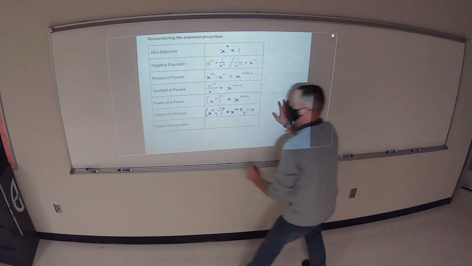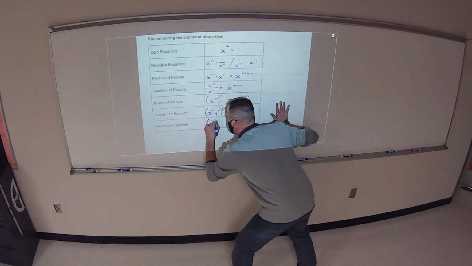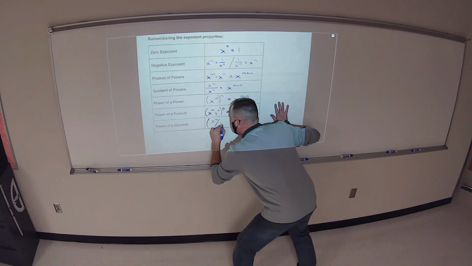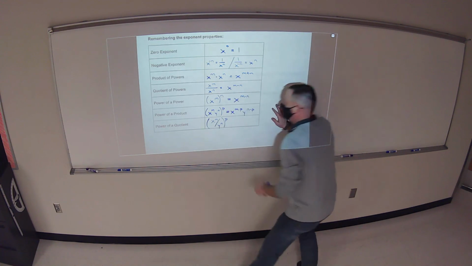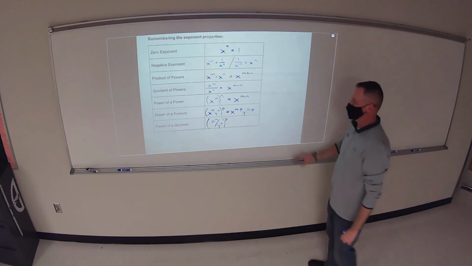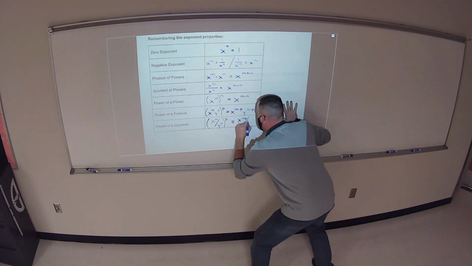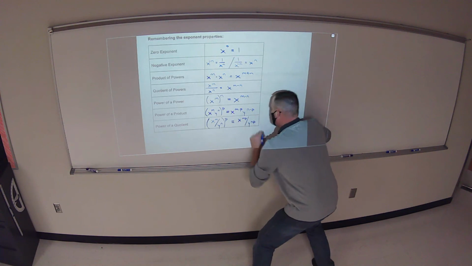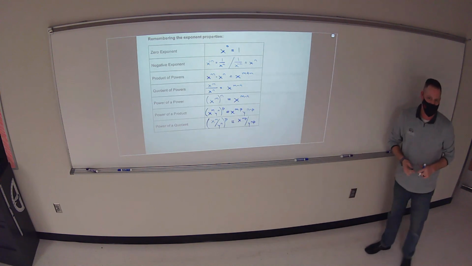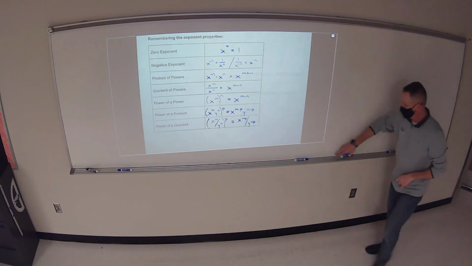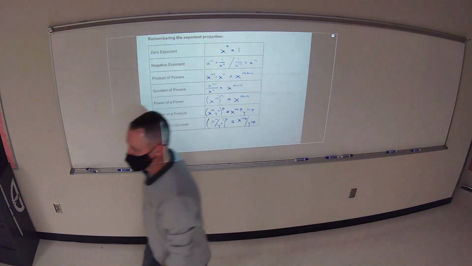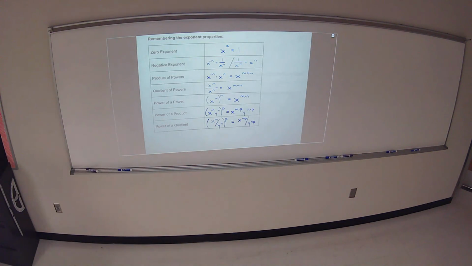And then you have your power of a quotient, which we just reviewed. You have a fraction that is being taken to a power. That exponent gets distributed to both the numerator and denominator of the fraction. Those are the 8 rules that you will need to know for your assessments.